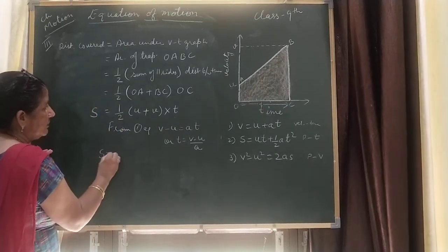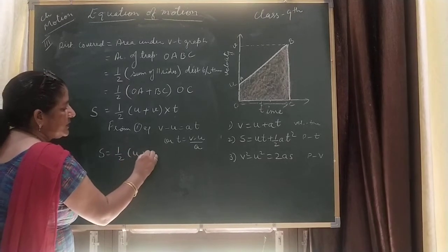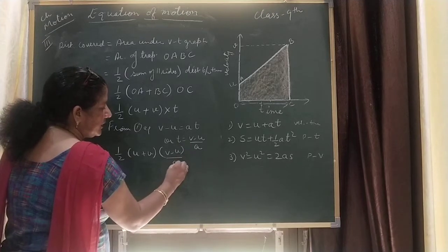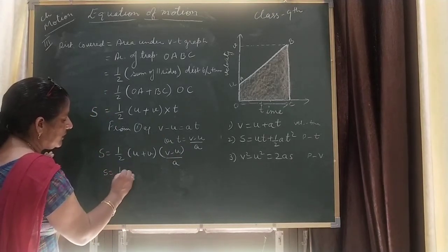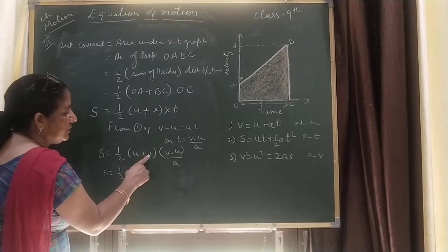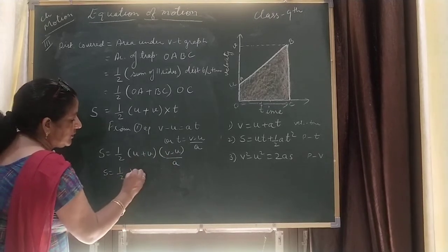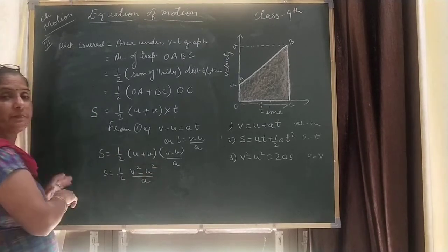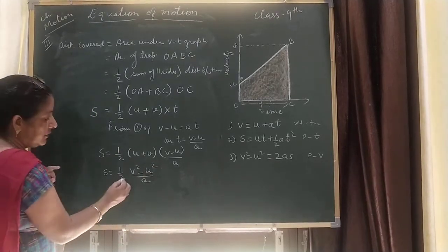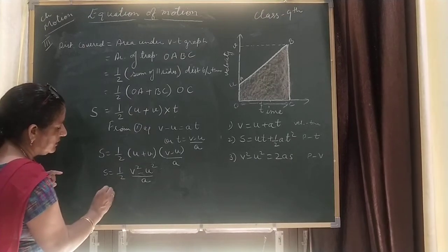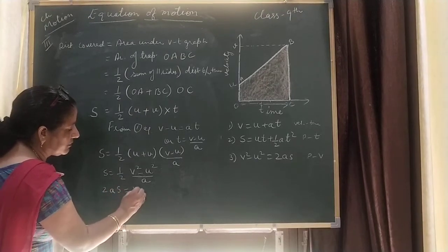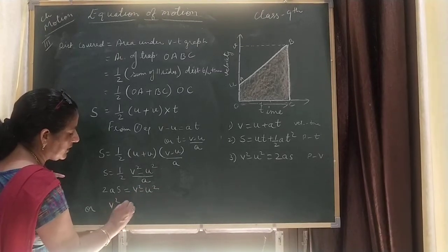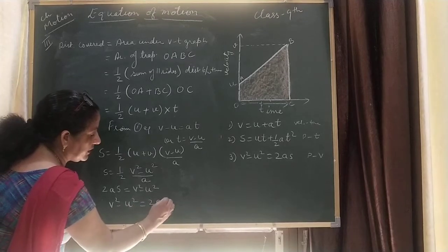So S equals half U plus V into V minus U upon A. S equals half V minus U into V plus U. In mathematics it is V square minus U square upon A. Now on cross multiplying, 2A into S equals V square minus U square, or V square minus U square equal to 2AS.